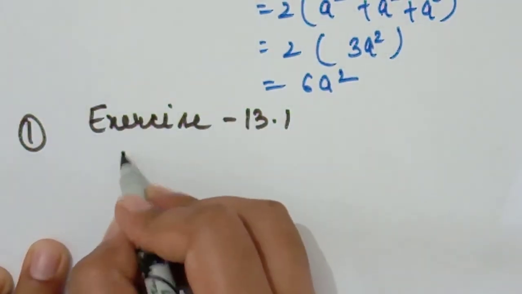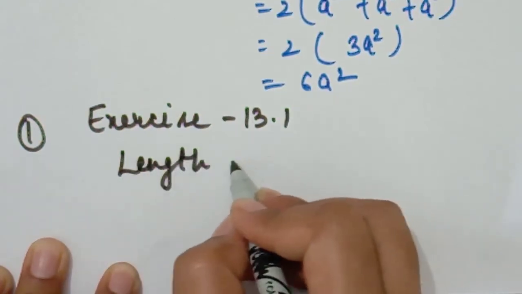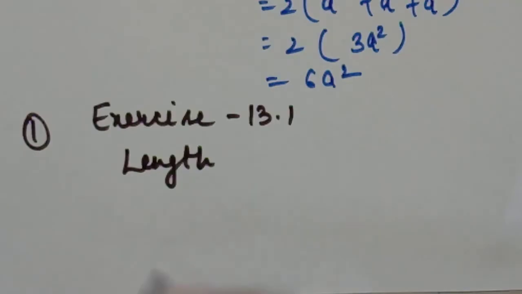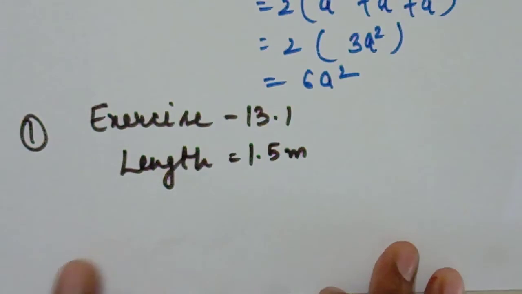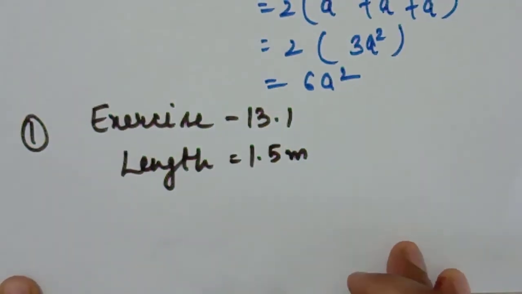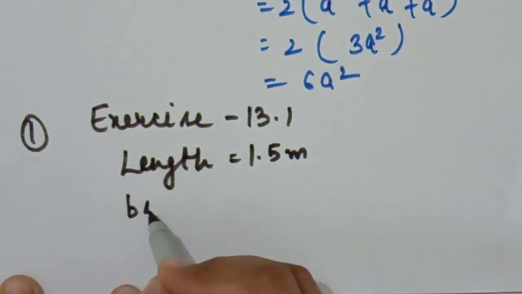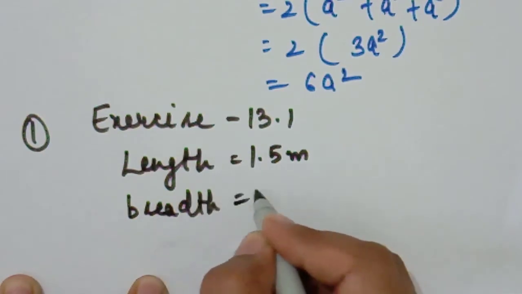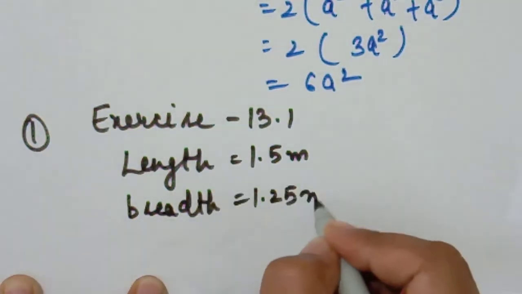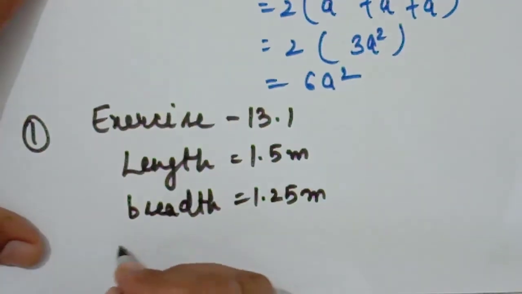It means length is 1.5 meter, and then he said 1.25 meter wide. Wide means breadth, 1.25 meter, and then he said 65 centimeter deep. Deep means height.